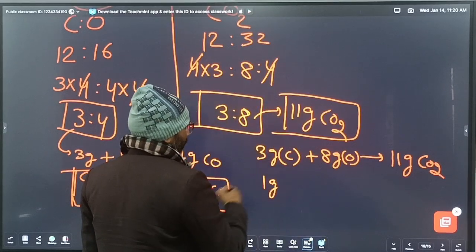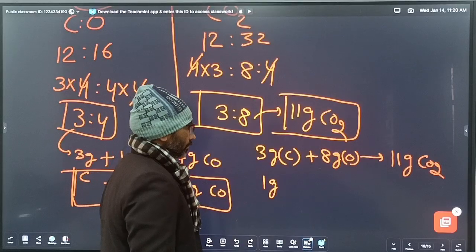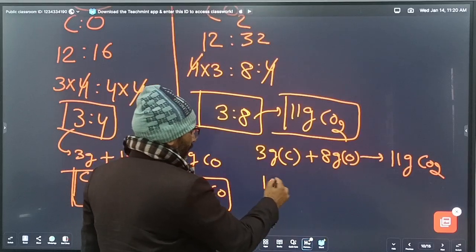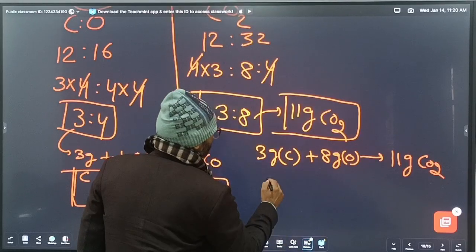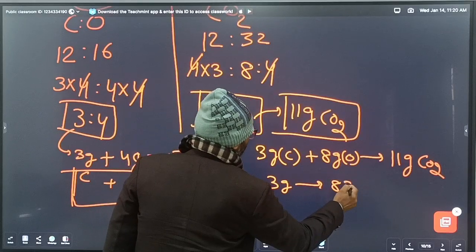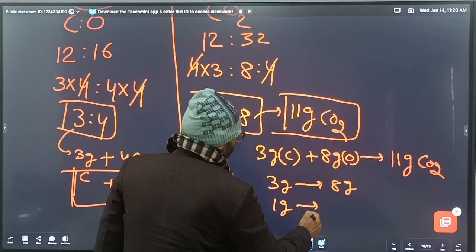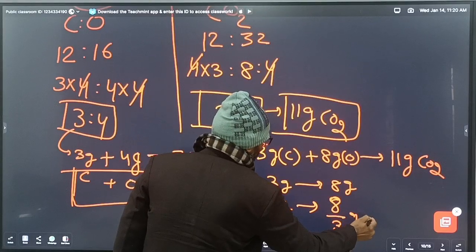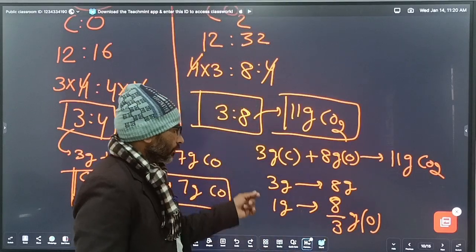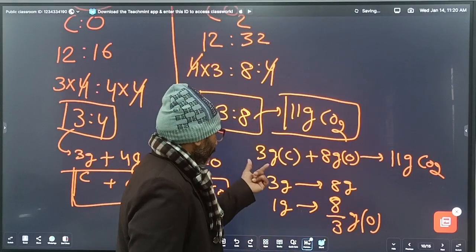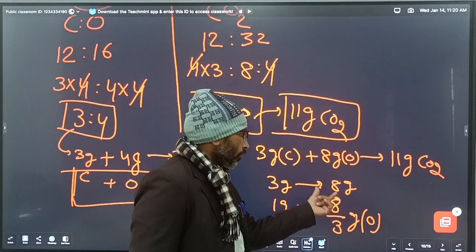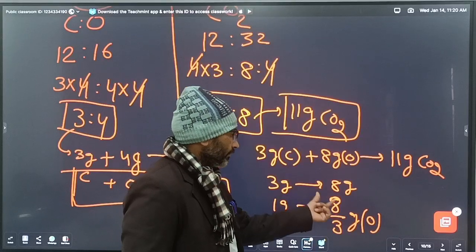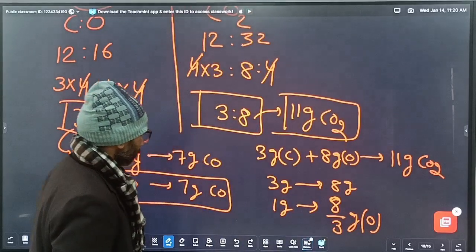If 3 gram of carbon combines with 8 gram of oxygen, then 1 gram will combine with how many gram of oxygen? 8 by 3 gram of oxygen. So 1 gram of carbon will combine with 8 by 3 gram of oxygen to form CO2.